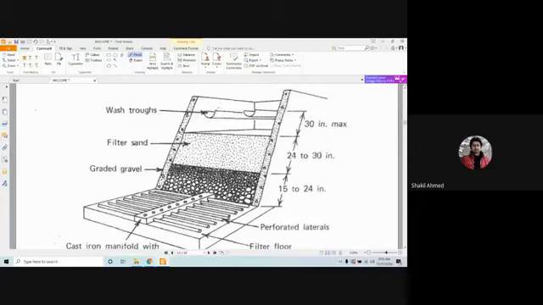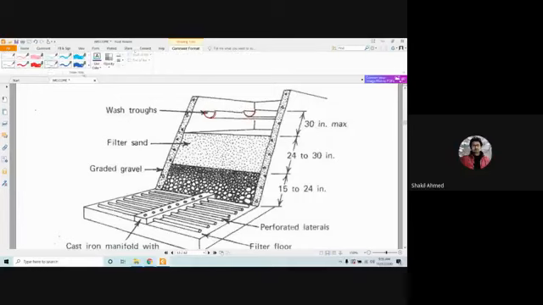Can you see there are some trays? Yes, sir. So water is going to pass through there and fall from here, and these are the filter sand. So water will percolate through this filter sand.